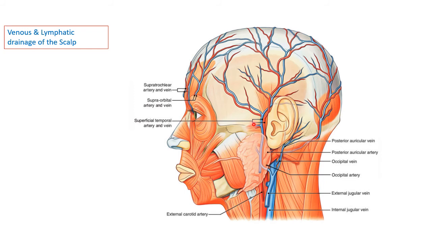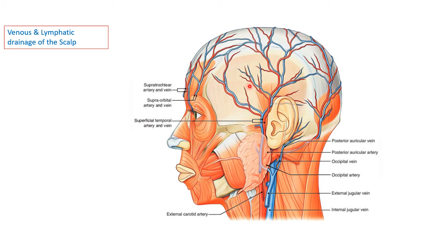The lymphatics from the posterior part of the scalp drain into the posterior auricular or mastoid and occipital lymph nodes. So this is the lymphatic drainage of the scalp.